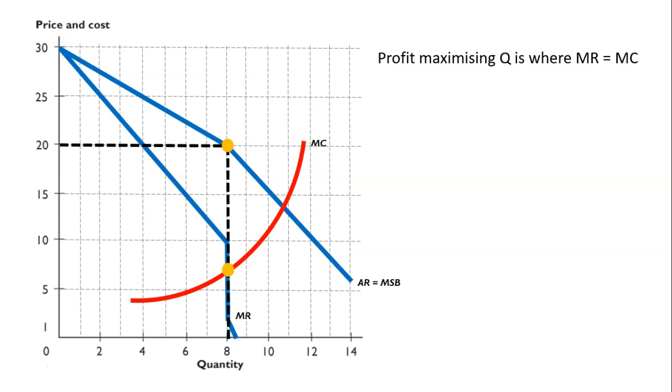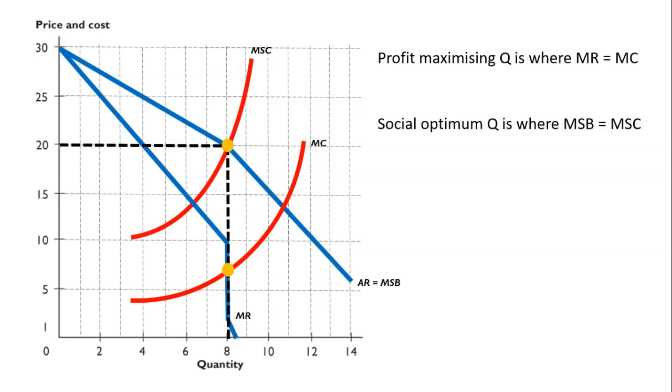So far so good. Now we want to think about adding the other curve, the marginal social cost curve. So we're adding negative externalities on top of the private costs. The socially optimal output is going to be given by the point where the marginal social benefit, the last unit consumed, just equals the marginal social cost of the last unit produced.